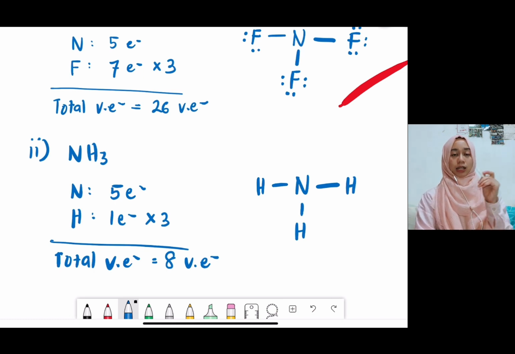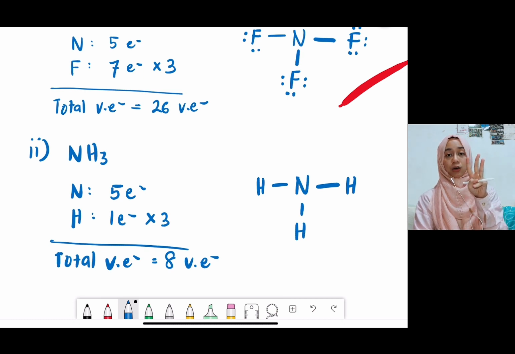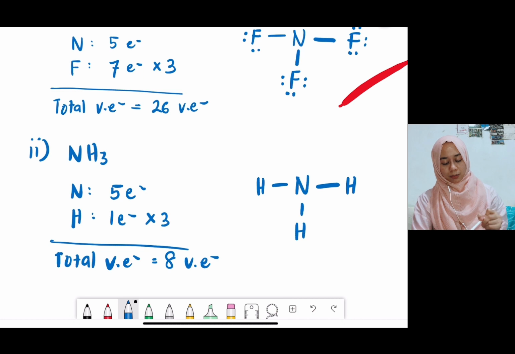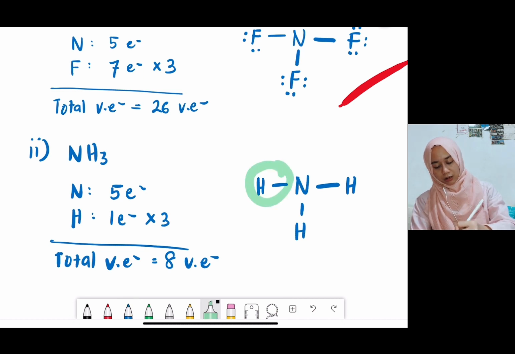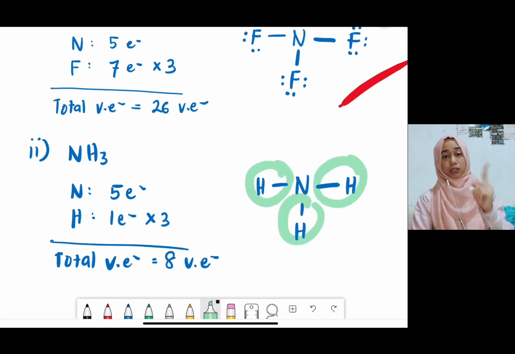Okay, and then kita kena make sure pula step yang ketiga, kita kena make sure all the terminals mencapai octet kan. Tapi in the case of hydrogen, dia mencapai duplet lah. So since hydrogen yang kita ada ni memang semua ada satu bond. Okay, ada satu bond. Bermaksud satu bond ada 2 elektron.